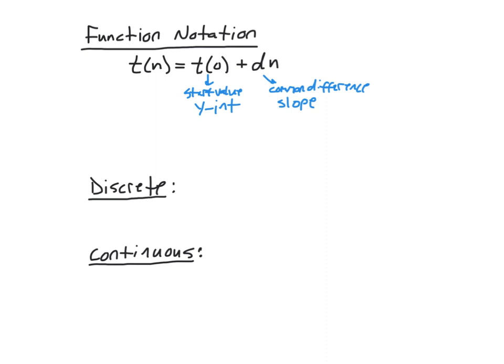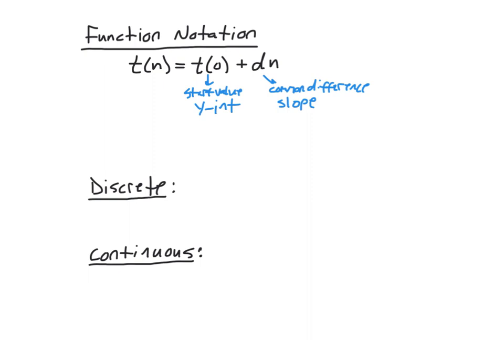We also know that as the y-intercept. D, our common difference, we also know that in linear equations as our slope. And then our counter n is basically like variable x that we normally plug in, except here n is very restricted. n is only an element of the integers greater or equal to 0.